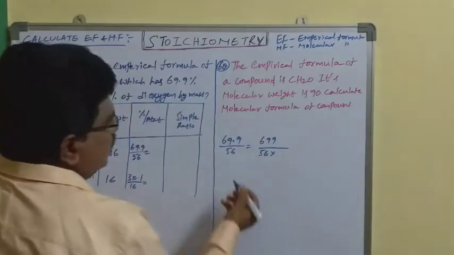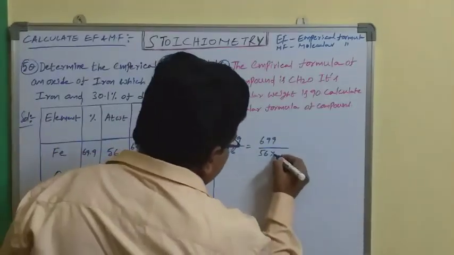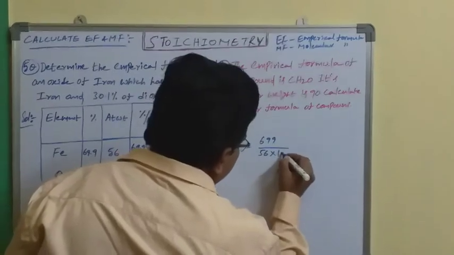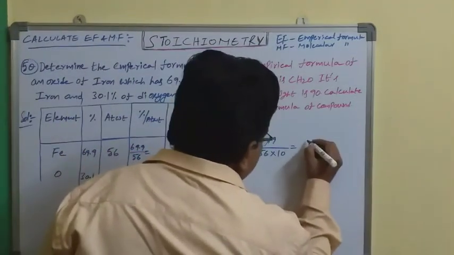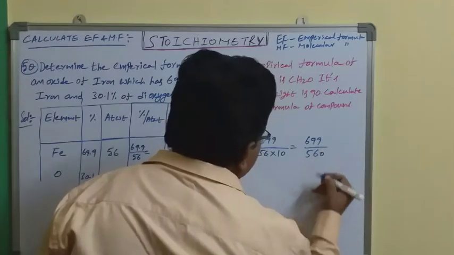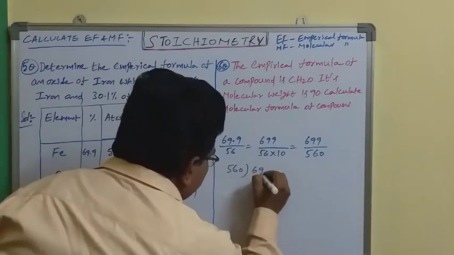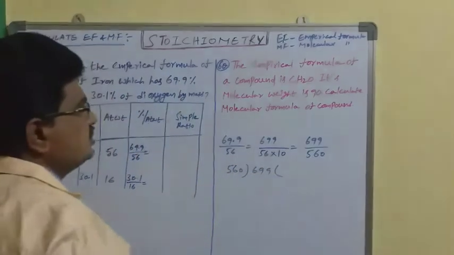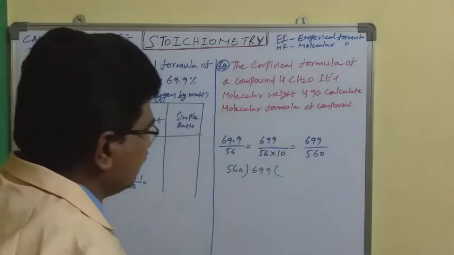Since the numerator has one decimal place, in the denominator we multiply by 10. Now we got 699 by 560. What is the divisor here, students? 560 divided into 699. How many times will it go? One time.